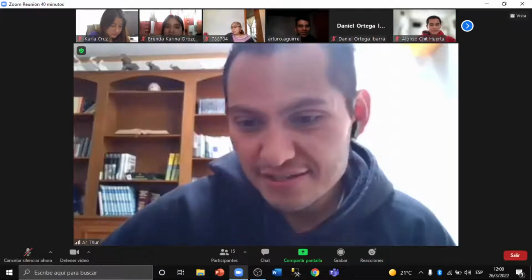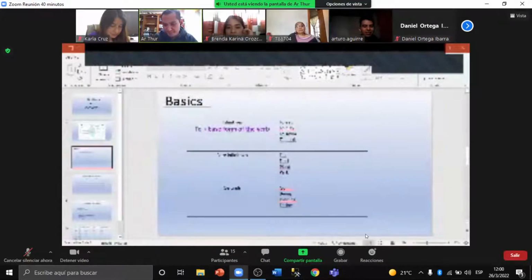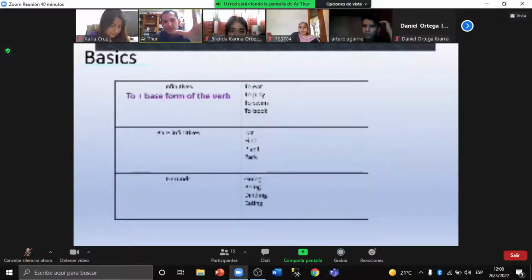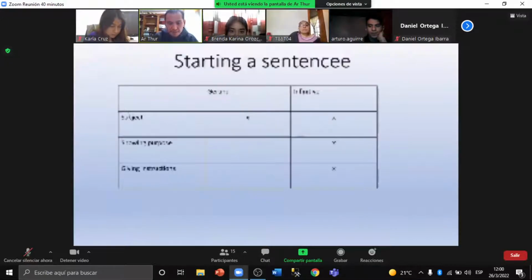So in this case, it says infinitives and ing forms. We were talking about the basics of how to form the infinitives and the ing forms, all right? You can use, of course, the ing form and the infinitive starting a sentence.